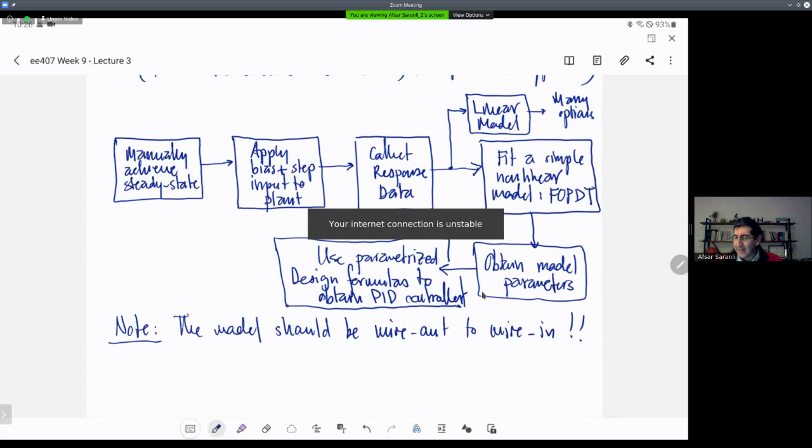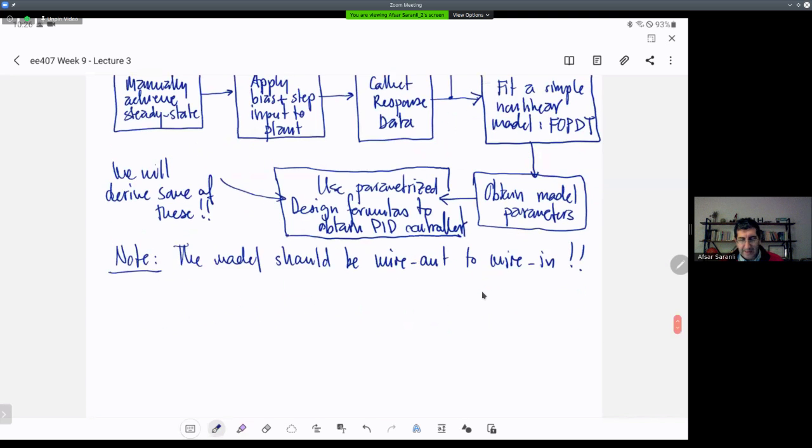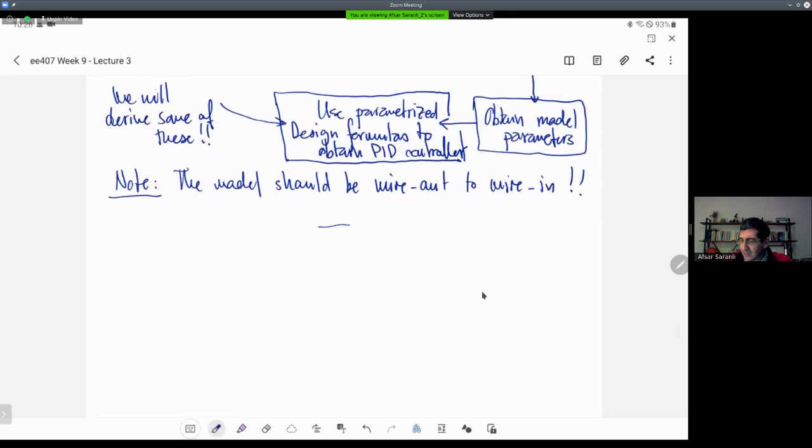And these design formulas, we will derive some of these, so don't worry about it. So now let's come to this model that we want to fit to the plant behavior.